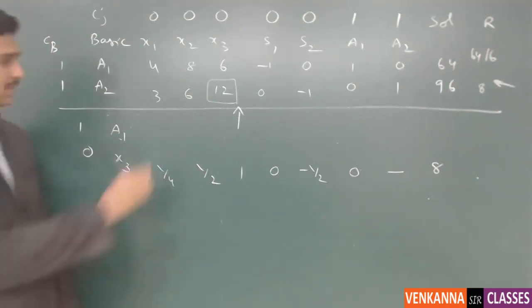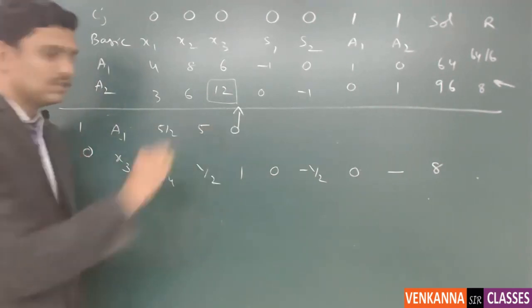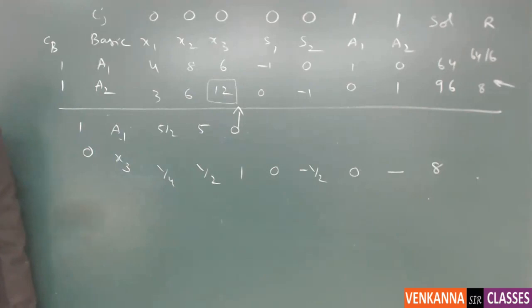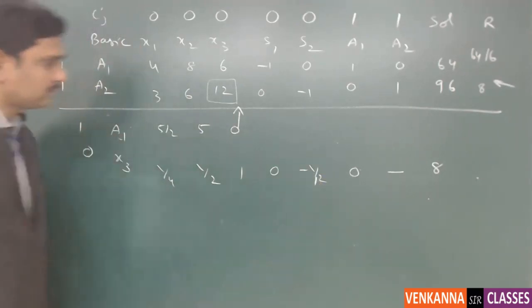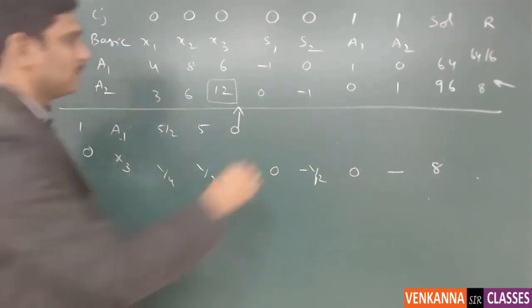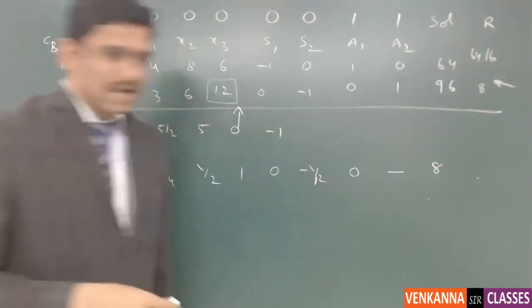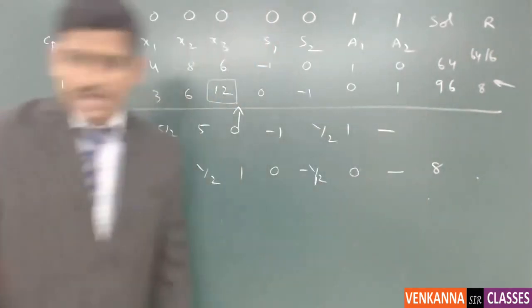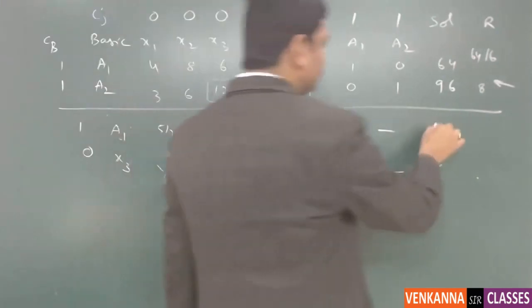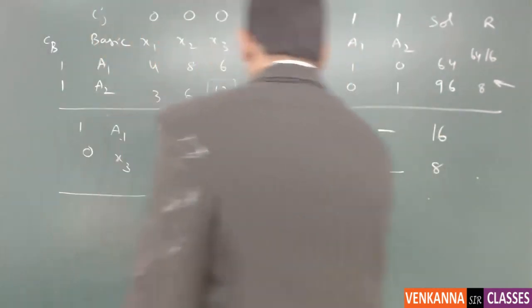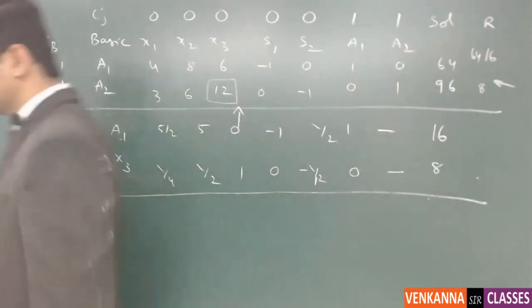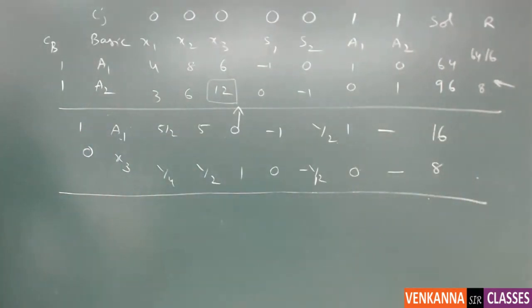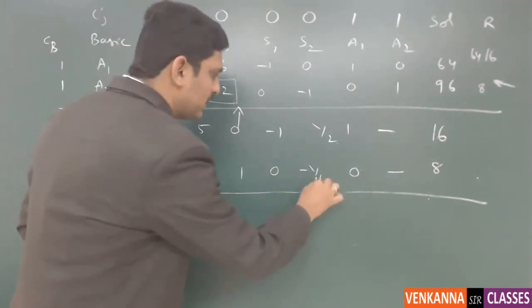So it is going to come as 5 by 2, 5, 0, minus 1, then 1 by 2, 1, dash, and at the end the solution will come as 16. Accepted by all? It is minus 1 by 12. Let me write it clearly.